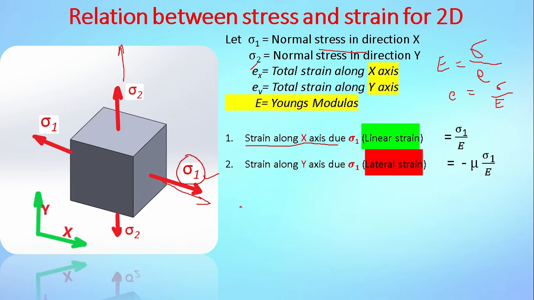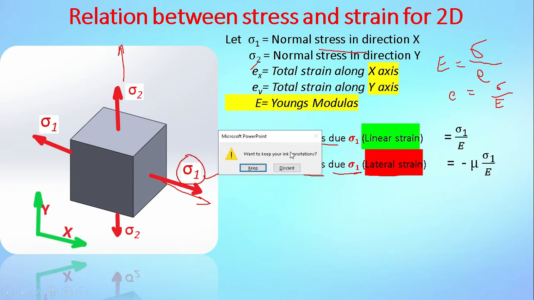Now second, strain along y direction due to the effect of this sigma 1 stress. So y direction is lateral direction for this sigma 1. So lateral strain is equal to minus mu multiplied by linear strain.